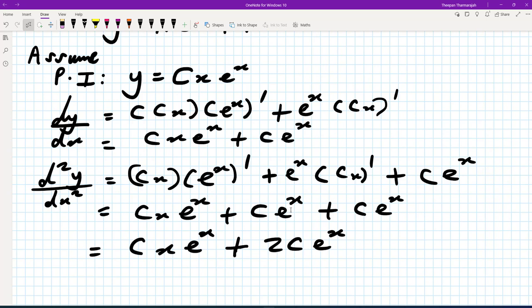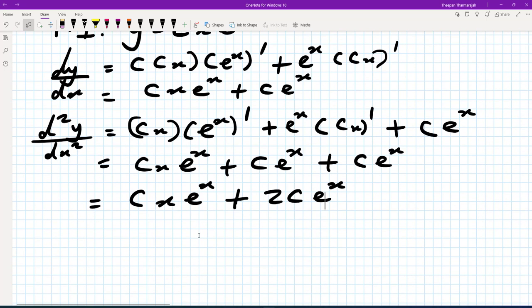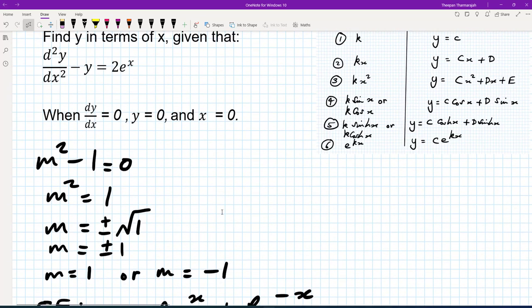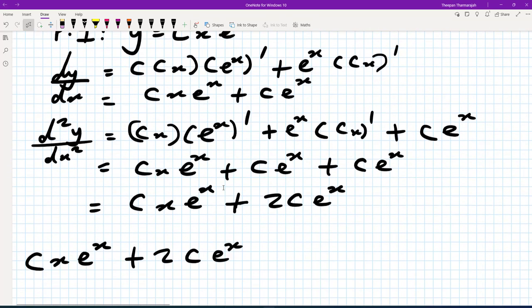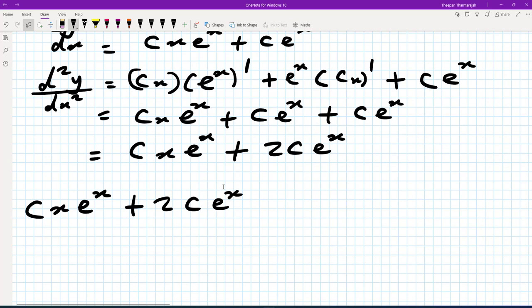So now that I've got that, I can substitute that into my differential equation. So I get c x e to the x plus 2c e to the x. And don't forget, it's d2y by dx squared minus y is equal to 2 times e to the x. Well, our y is our particular integral, so that's going to be minus c x e to the x, which is equal to 2 times e to the x.